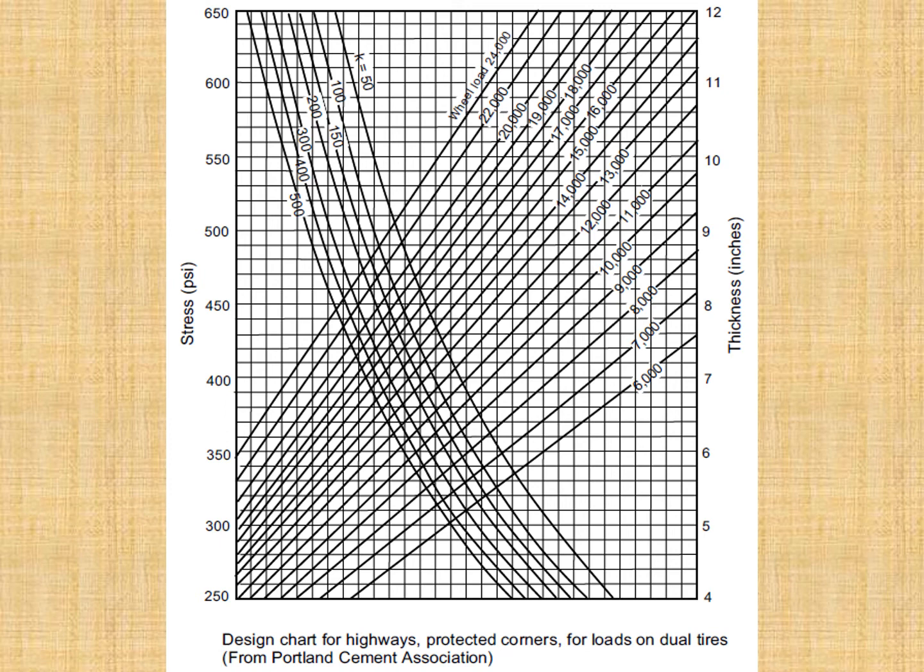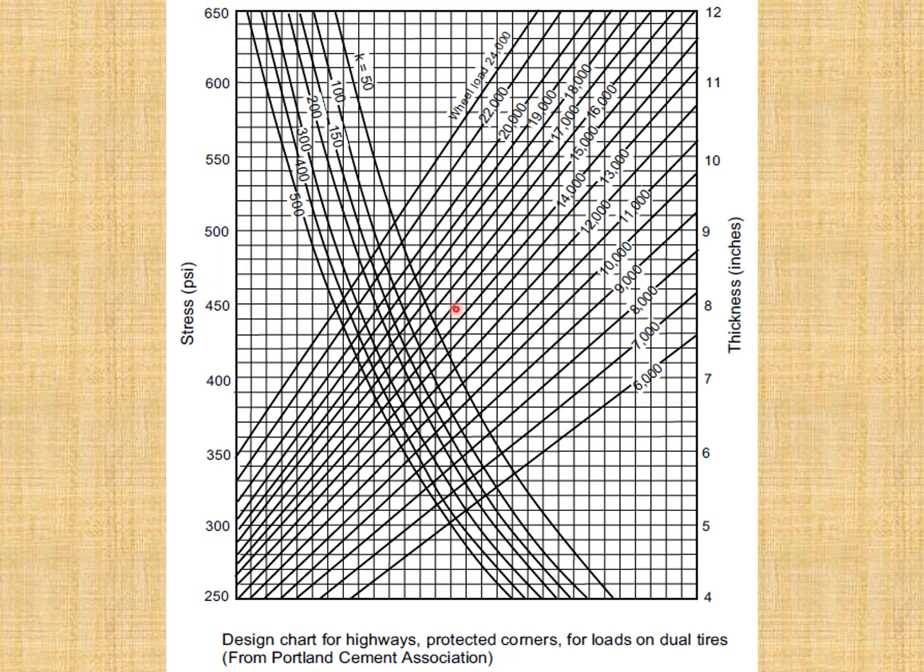So if you have the allowable stress of concrete in psi, the wheel loads, and the modulus of subgrade reaction value, that is P over delta, with you, then with all these three things you can determine the thickness of the rigid pavement, that is the concrete slab, very easily.